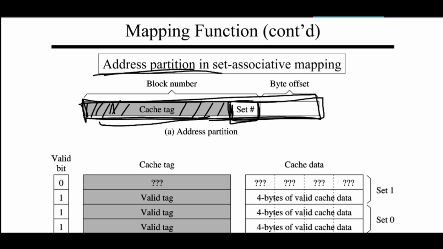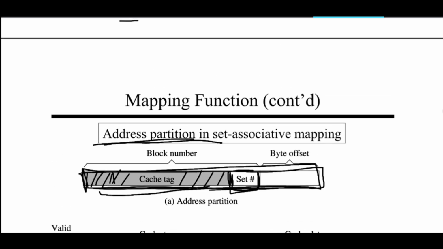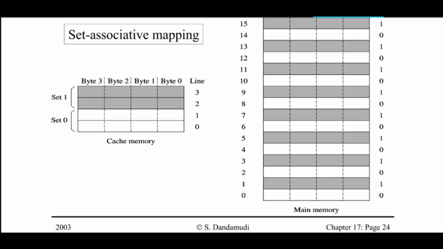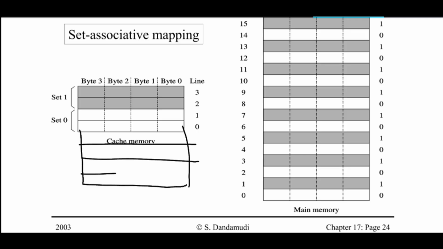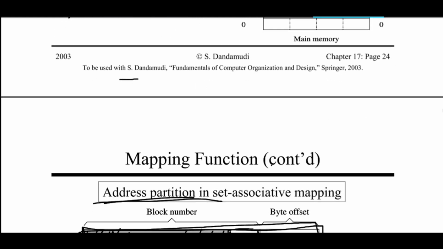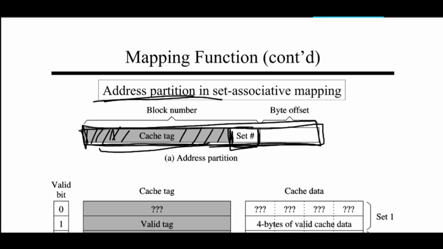Let's take an example where 4 sets are available: set 0, set 1, set 2, then set 3. If 4 sets are available, how many bits are needed for addressing? There are 2 bits: 00, 01, 10 and 11.